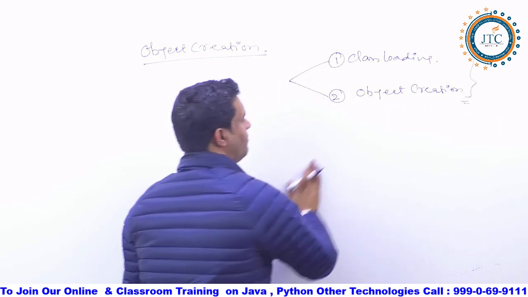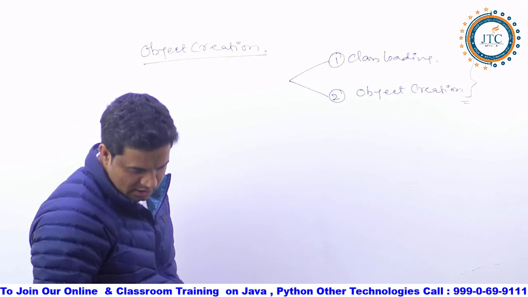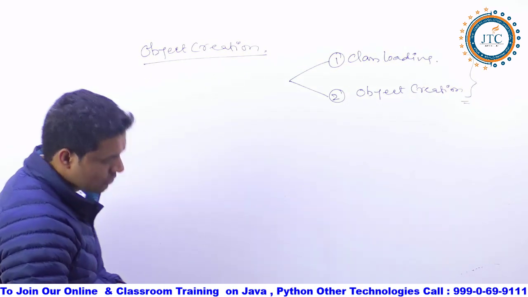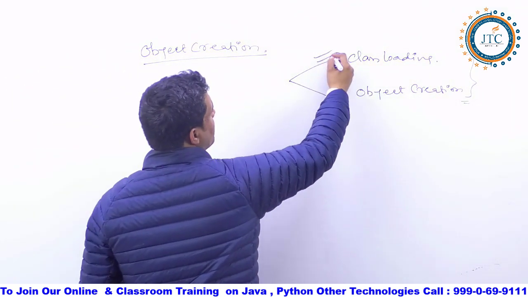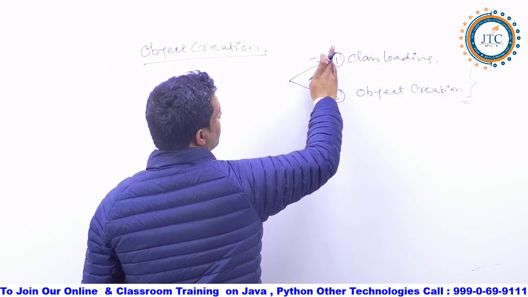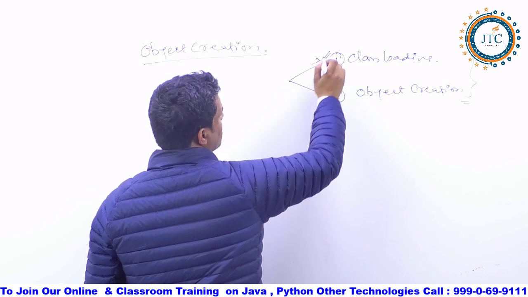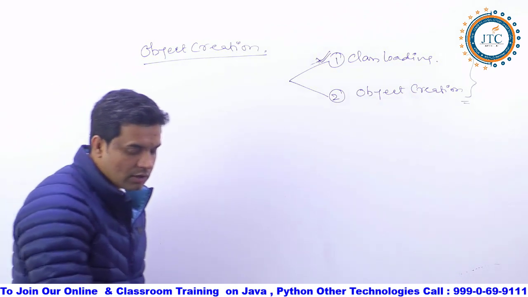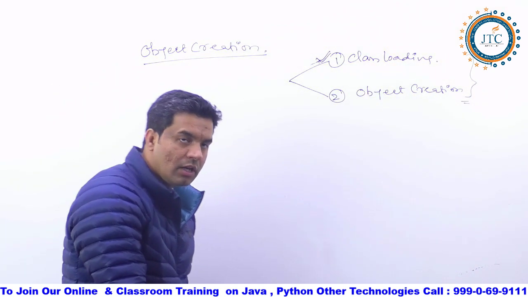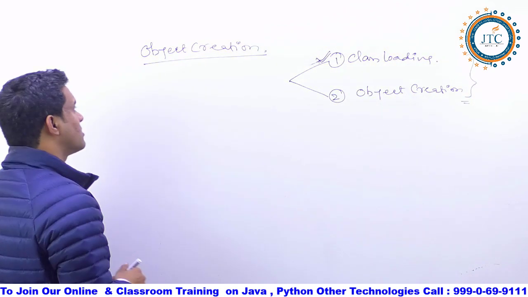These two things are a very important concept, a very important point that you should understand. As I have already given you some bullet points about class loading, what exactly class loading is and how things work in this case, correct? Now next is the object creation.